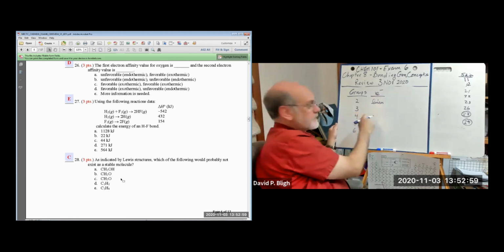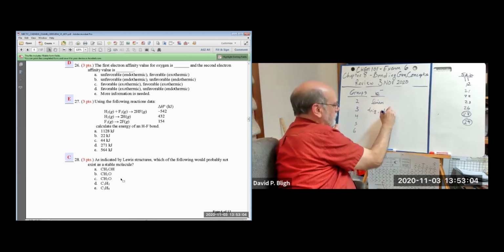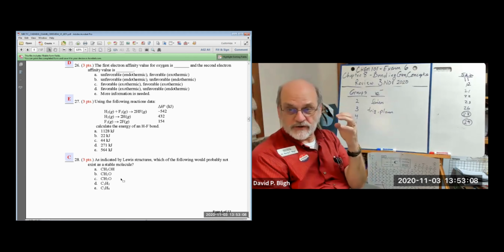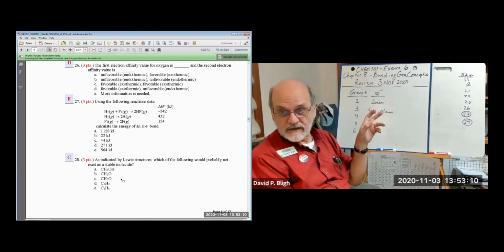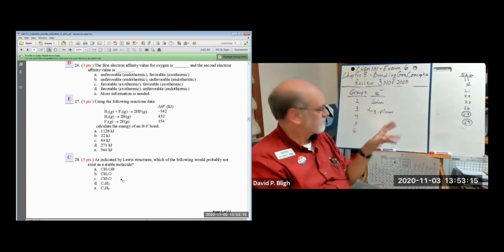If you have 3 groups, it's going to be trigonal planar. Just think about geometric shapes. What puts the electrons in the bonds or in the lone pairs as far apart from each other as possible? Trigonal planar.